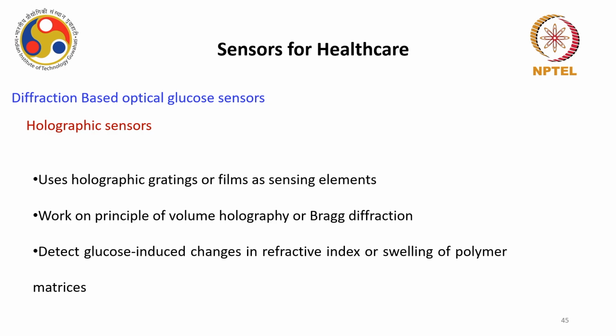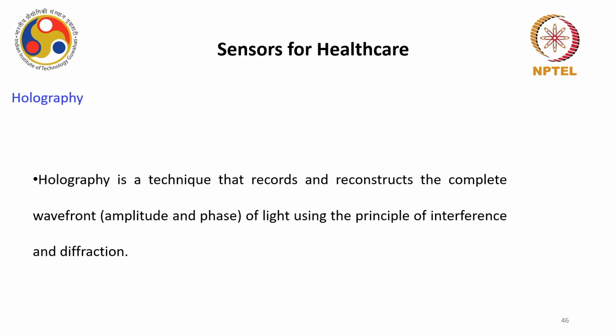So any kind of holographic sensor basically uses holographic gratings or films as a sensing material or as a sensing element. They work on the principle of volume holography or based on Bragg's diffraction. They detect glucose induced changes in the refractive index or swelling of the polymer matrices. We will see how this swelling happens.